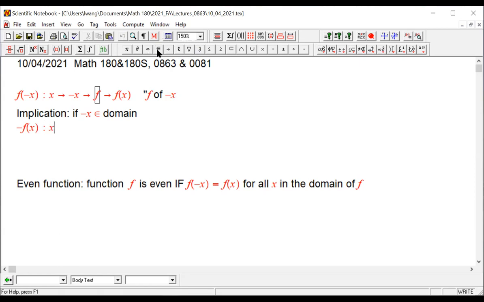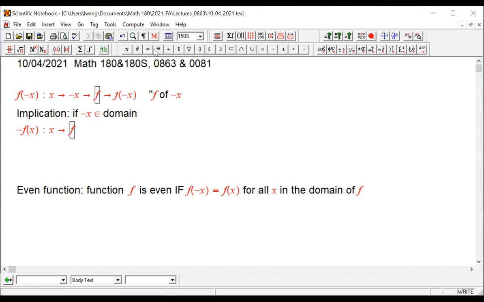You first select x, and then you put it in, and then you apply the rule of the function, and the output is f of x, and you put a negative sign in front of the output.